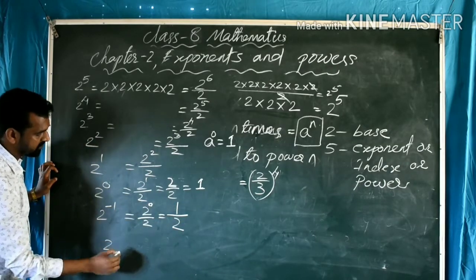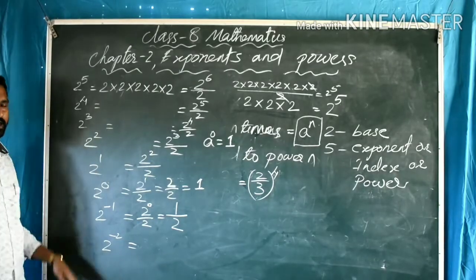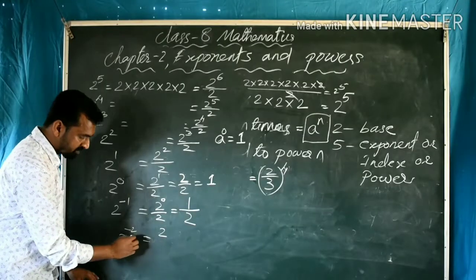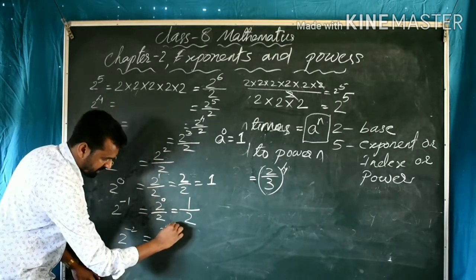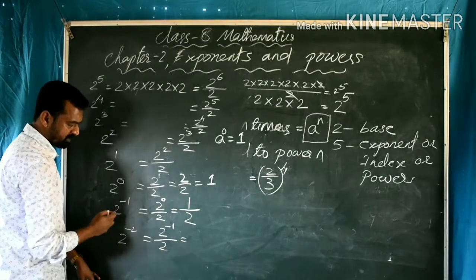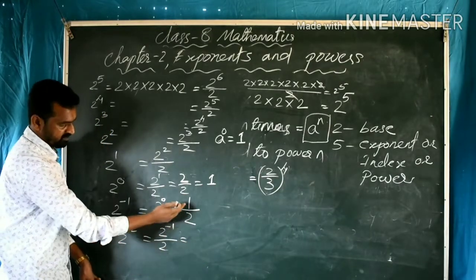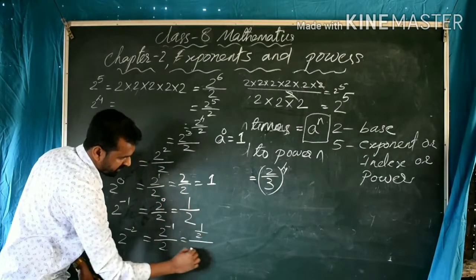Now 2 raised to minus 2. 2 raised to minus 2 is equal to 2 raised to minus 1 divided by 2. 2 raised to minus 1, we already got the answer, that is 1 by 2. 1 by 2 divided by 2.